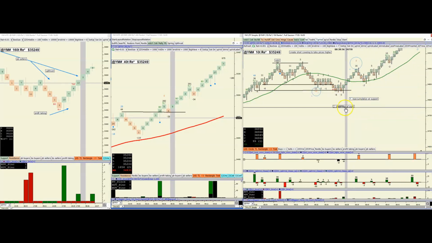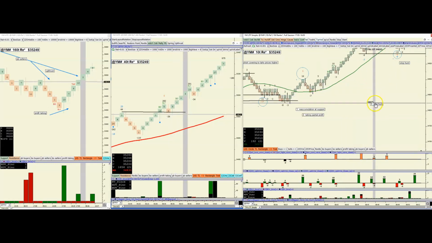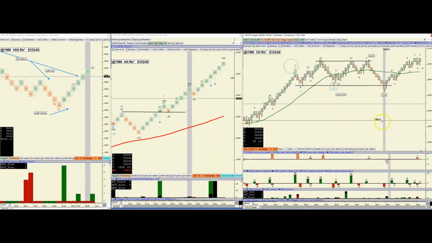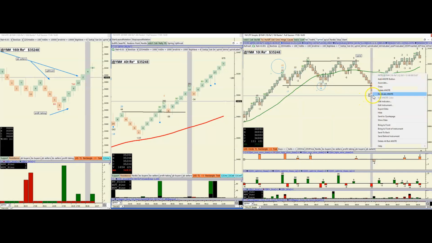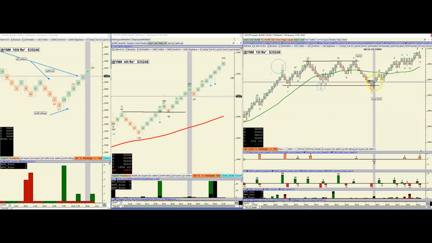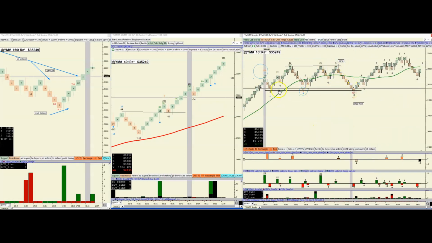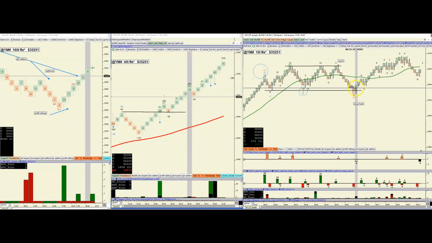What did I do? Here, stop hunt. This is a stop hunt. Right here, you see the volume come in? That's a stop hunt. So it goes down under the low, right there, does a spring, successful stop hunt.